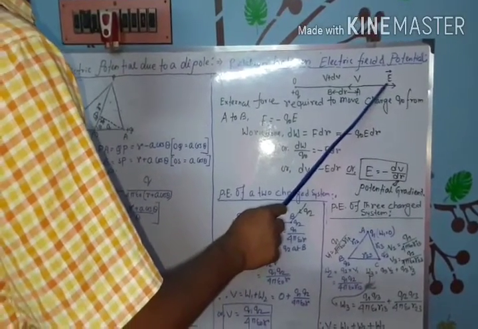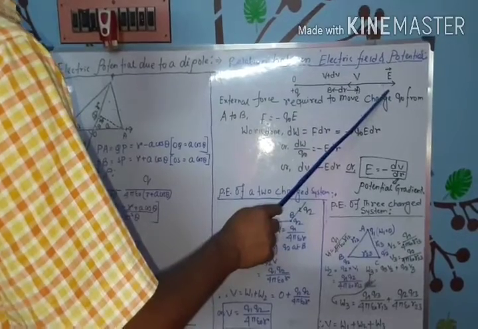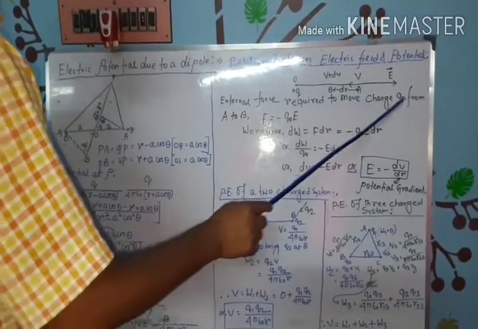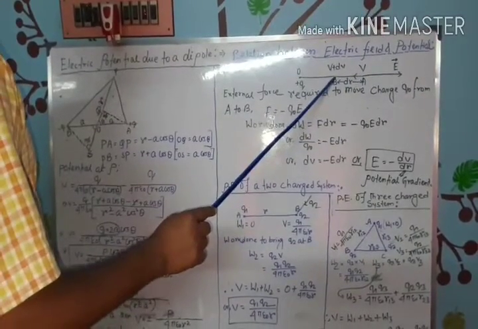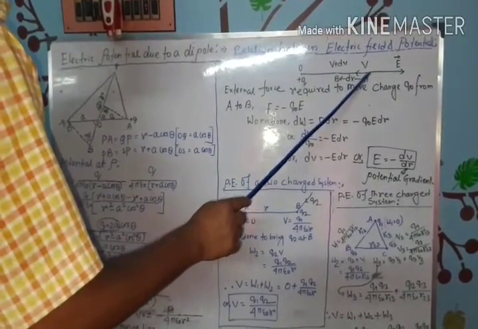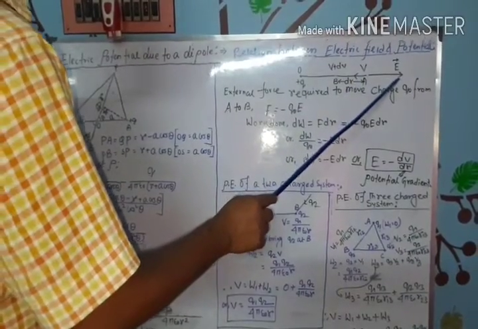But again, against that force, if you want to transfer a charge Q0 from A to B, we have to apply an external force in the opposite direction of the electric field.